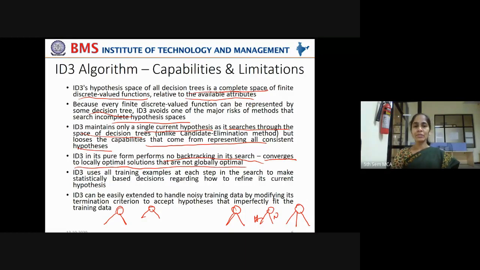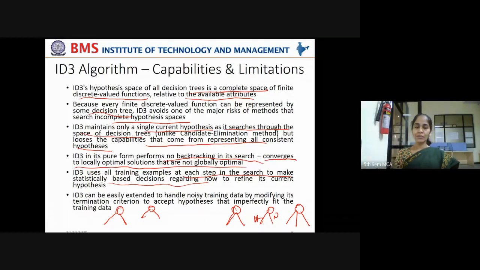And ID3 uses all training examples at each step in the search to make statistically based decisions regarding how to refine its current hypothesis. So it will always check at a particular position whether it can take some statistically based decisions in order to refine its current hypothesis. It uses all the examples. That is why, you remember, you're counting each and every example where that possible attribute value occurs, and among them how many are positive, how many are negative.